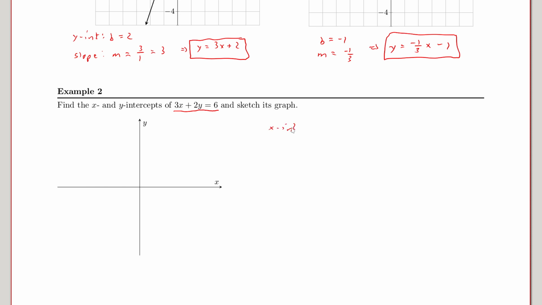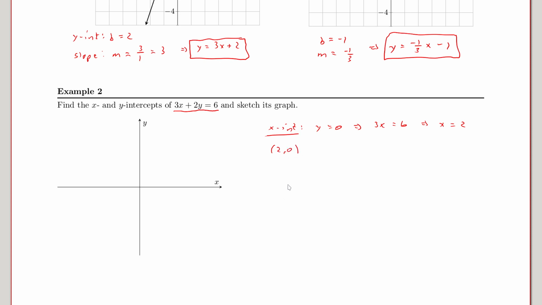So your x-intercept, you're setting y equal to 0. If you set y equal to 0, then the equation simplifies to 3x equals 6. So when you're in this form, you can quickly eyeball what the x and y intercepts are. So this would give us x is 2. So your x-intercept then is 2, 0.